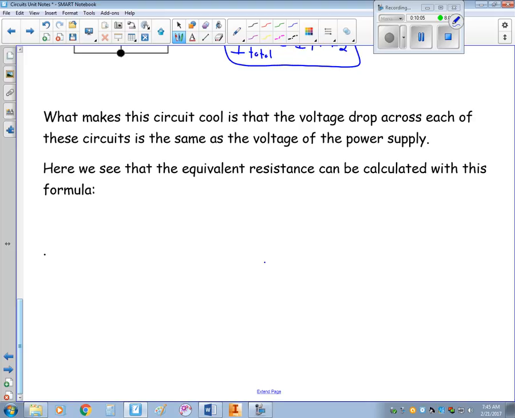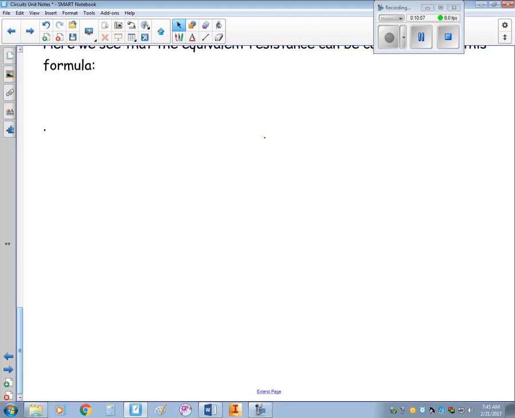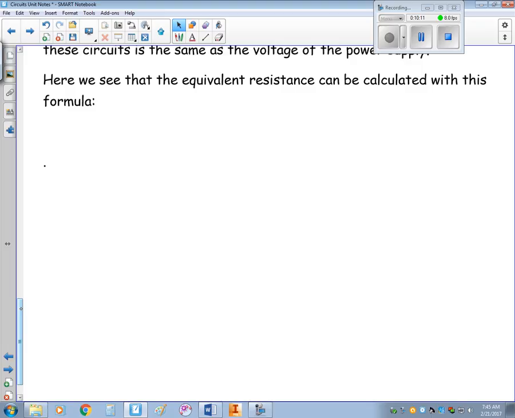Okay, so here's what we see for the circuit. V equals IR. So the total current would equal the EMF divided by the equivalent resistance. Remember, equivalent resistance is the resistance of the entire circuit.